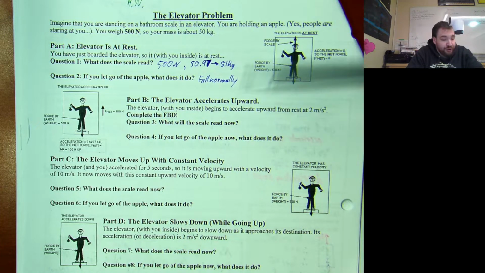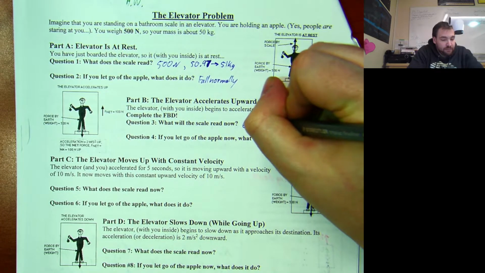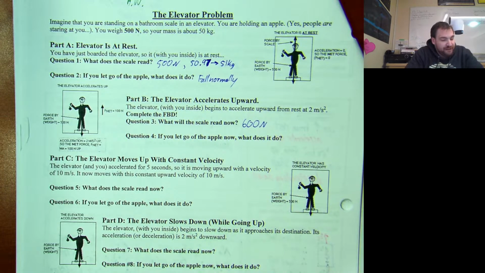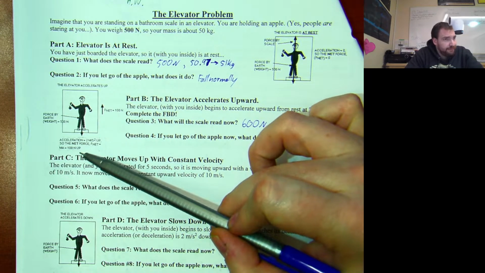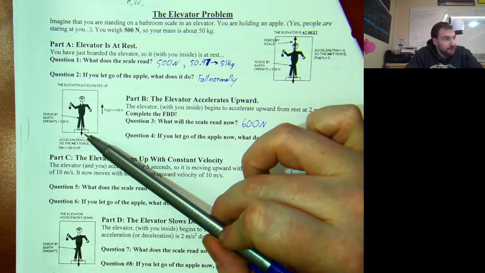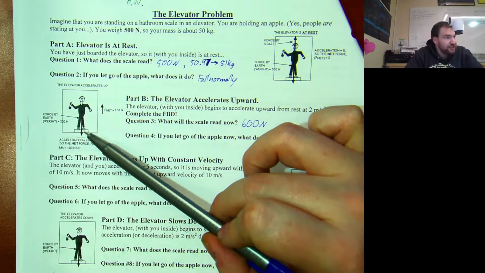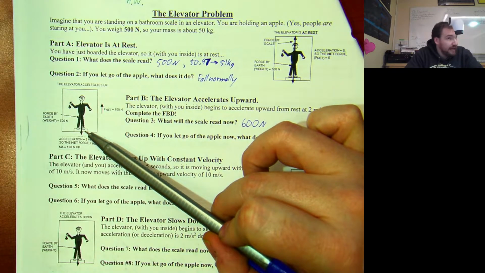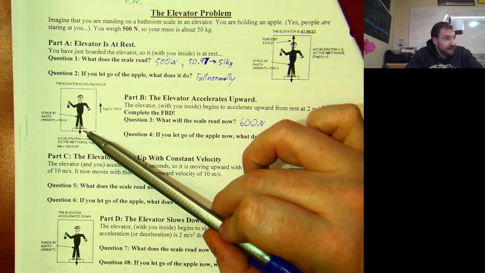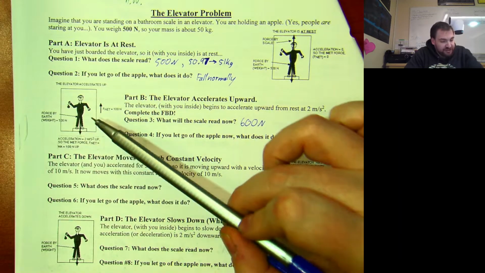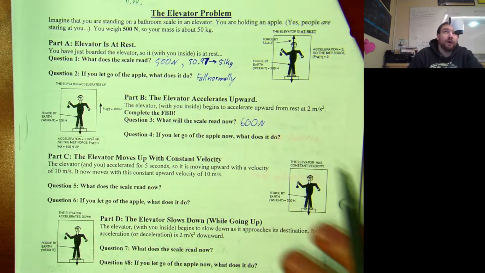It's going to read 600 newtons, because gravity is pulling you down, and the elevator is being pushed up into you. So the scale is not just reading your weight, it's also reading the fact that the elevator is pushing up into you. So the scale is going to read you as being heavier than you are.